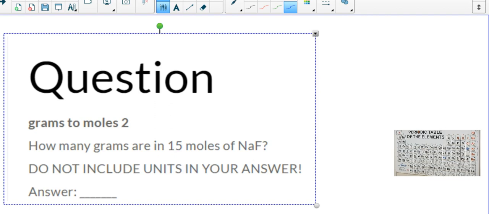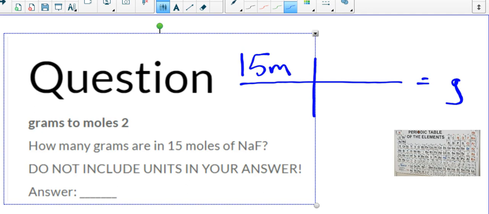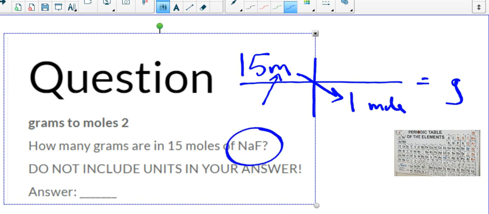So let's do the next one. We have how many grams are in 15 moles. This is the same setup. Grams, 15 moles. Since this unit's here, it has to come down over here. Moles will be 1. We'll find NaF. Na is 23. F is 19.